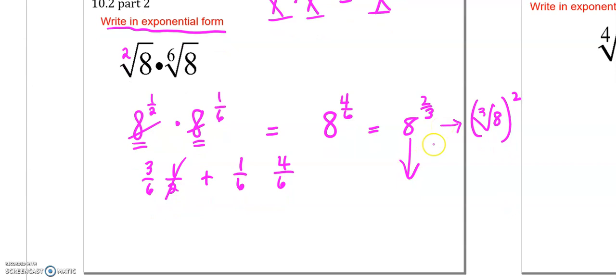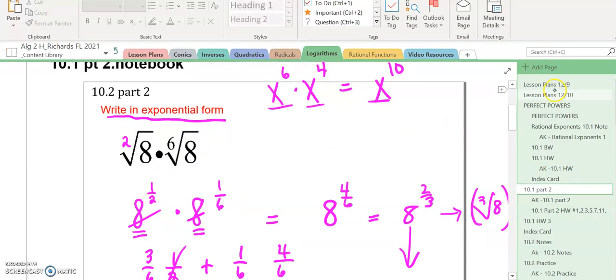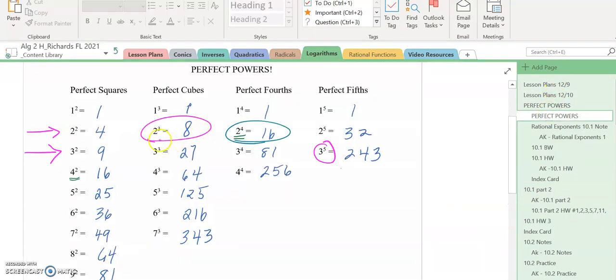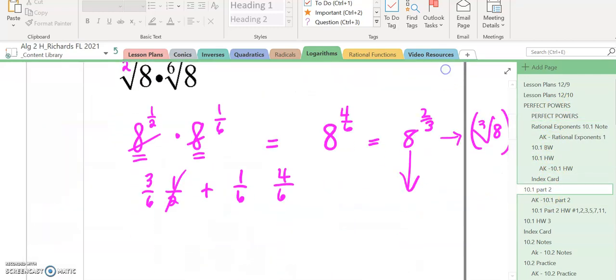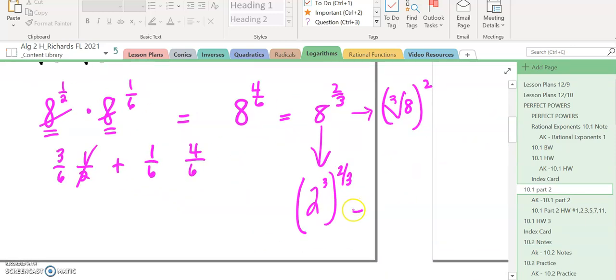and go back to my index card if you don't remember, and my 8 is here in the small family 2's. That is 2 to the 3rd. So I'm going to write 8 as 2 to the 3rd, and to the 2/3, 3 will cancel, and we know that's going to be 2 to the 2nd, which is 4.